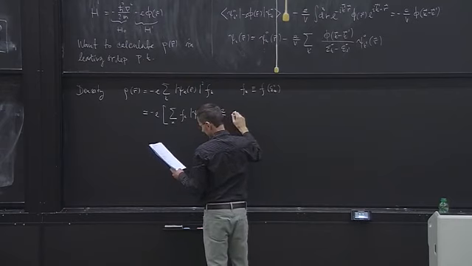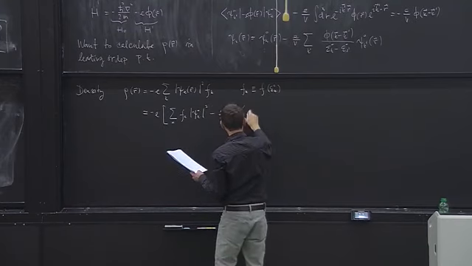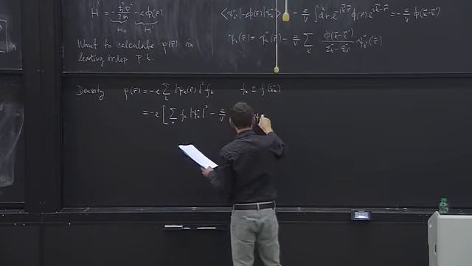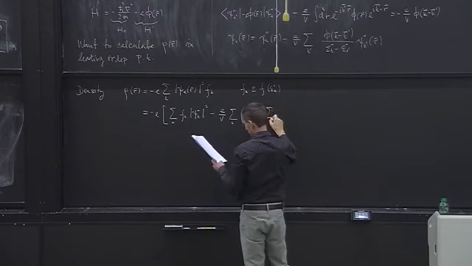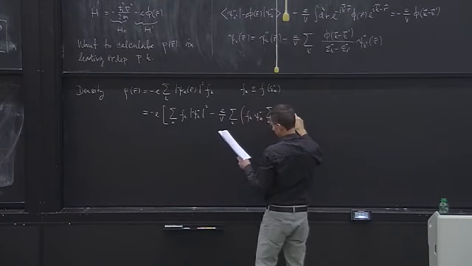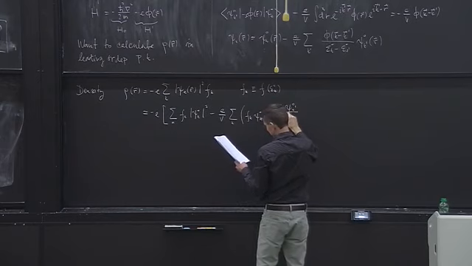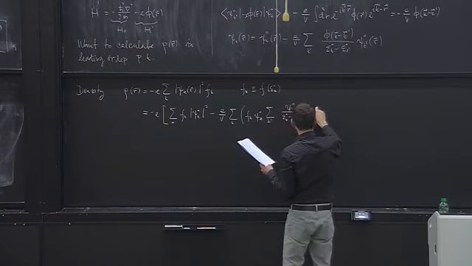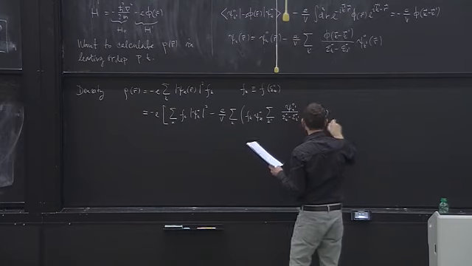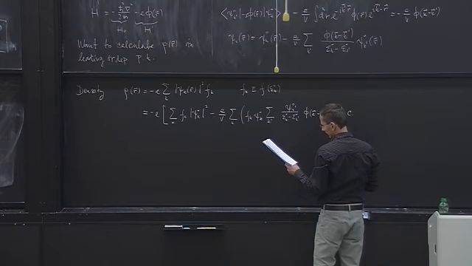And it has the following form: sum over k, f_k, psi_k^0, sum over k prime, psi^0_k', divided by epsilon^0_k minus epsilon^0_k', phi_{k-k'}. And I get a similar term, just complex conjugated.